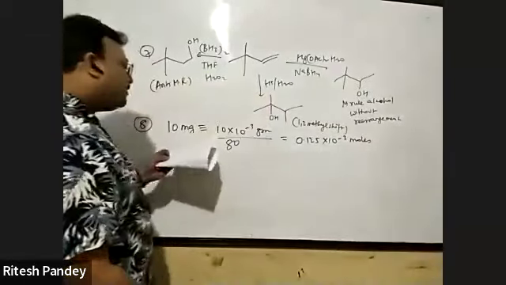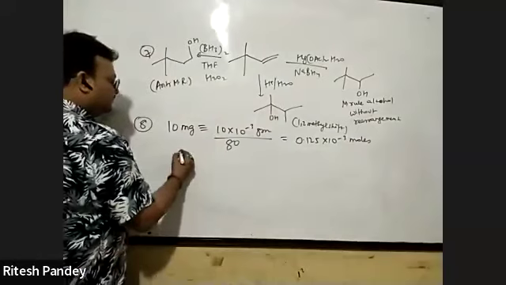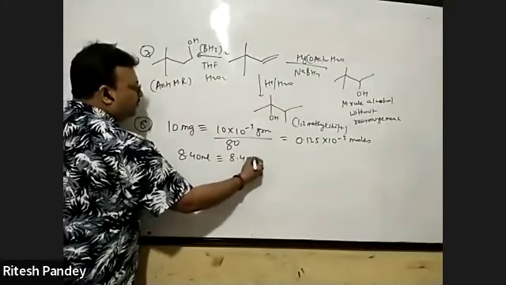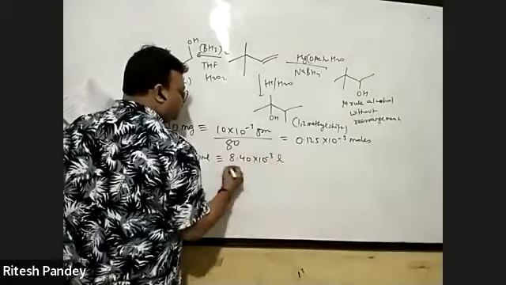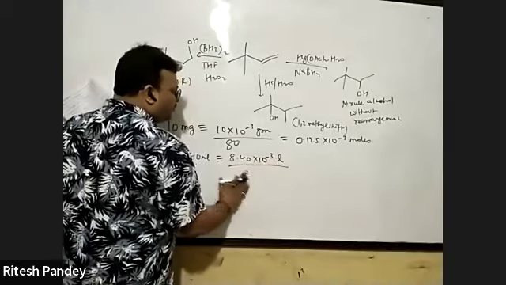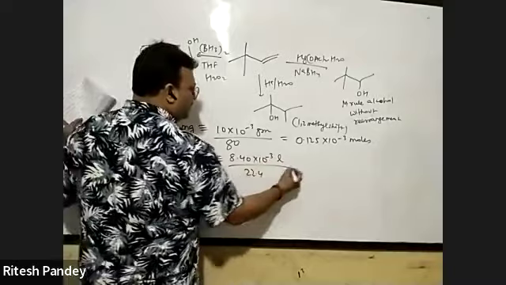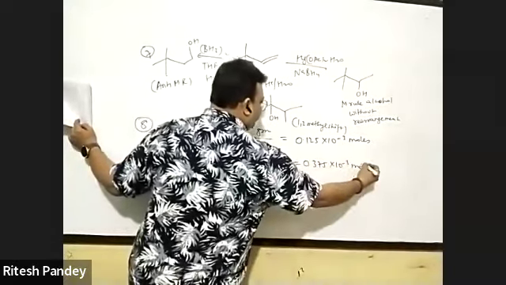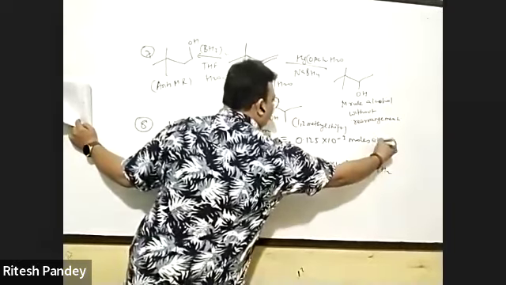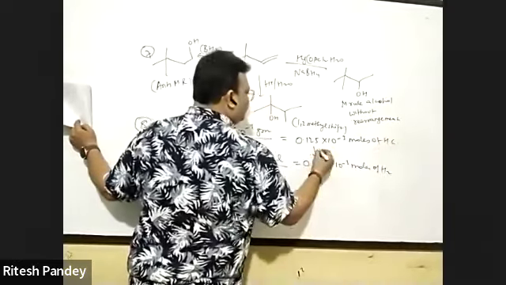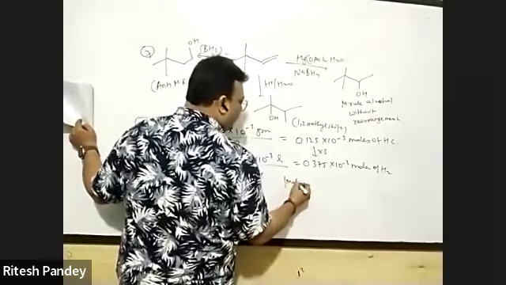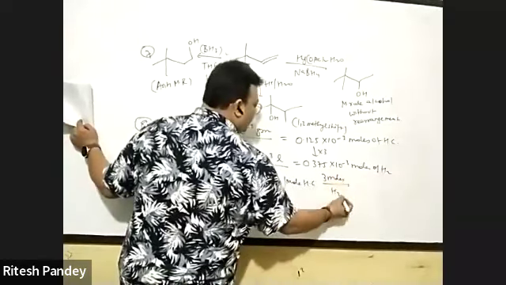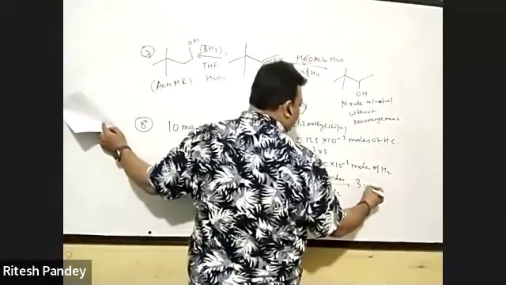Yet again you have a familiar value, 8.4 ml, which is as good as 8.40 into 10 to the power minus 3 liter upon 22.4. We did it and we had got 0.375 into 10 to the power minus 3 moles of hydrogen. This is these many moles of hydrocarbon. Now this will just be into 3. So with 1 mole hydrocarbon reacting with 3 moles of hydrogen, yet again I can claim that there are 3 pi bonds.